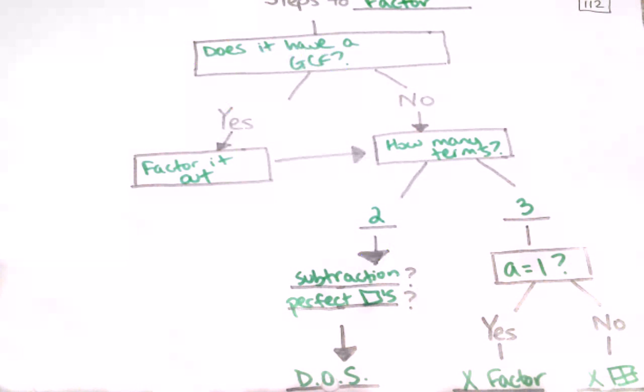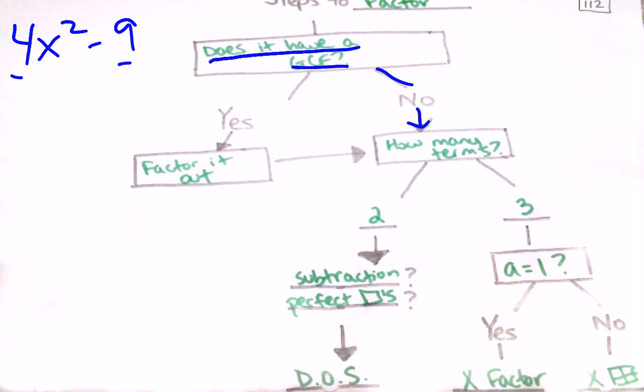Looking at the second question, I have 4x squared minus 9. I always start with, does it have a GCF? Is there anything that goes into 4 and into 9? No. Is there the same variable in both? No. So I go to, how many terms does it have?